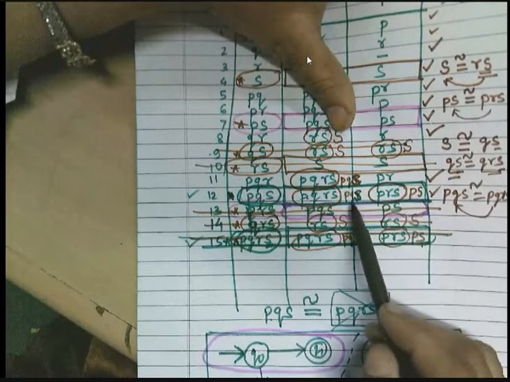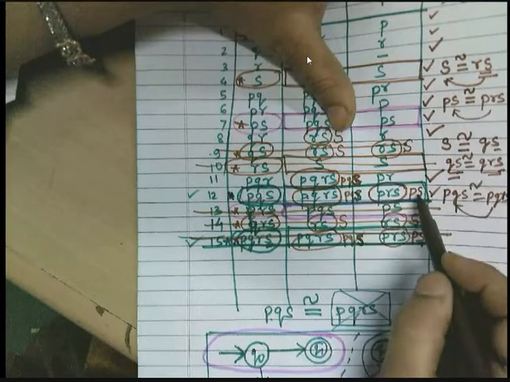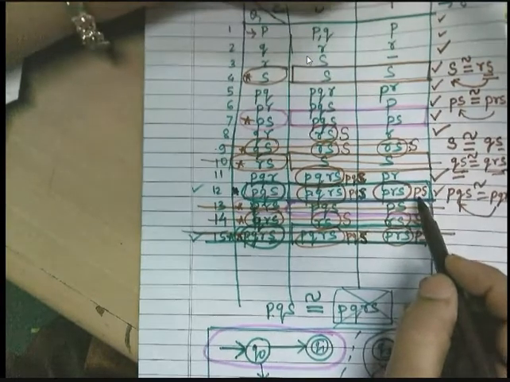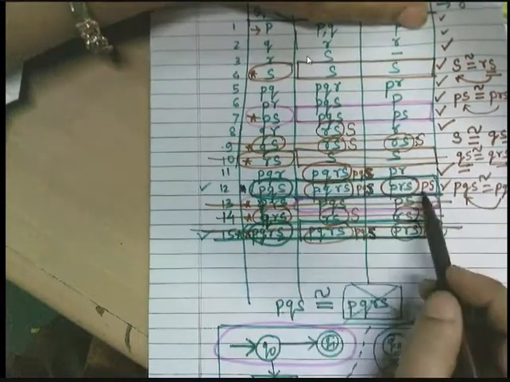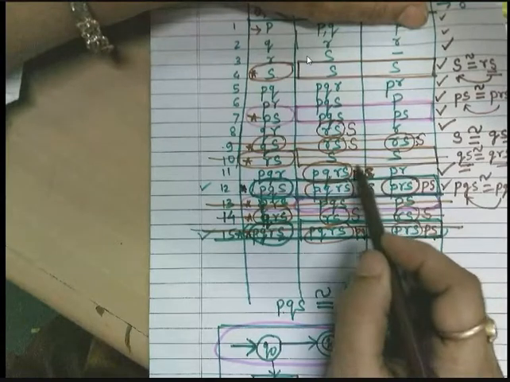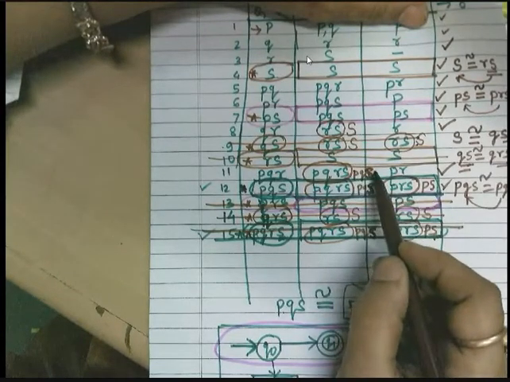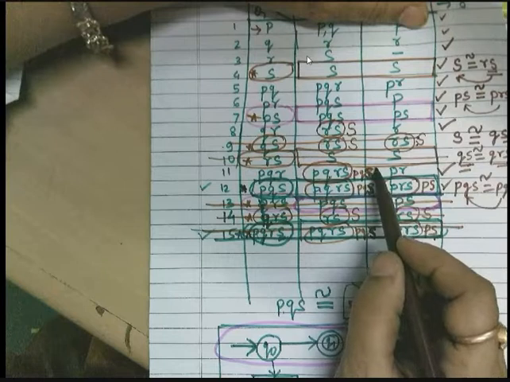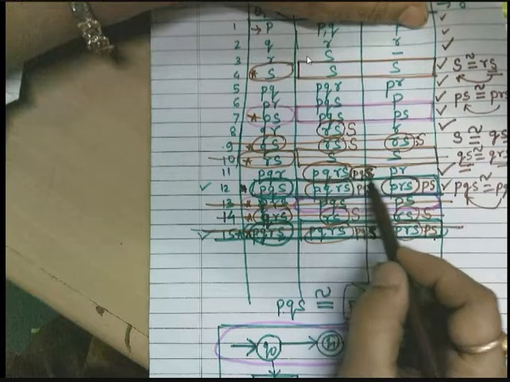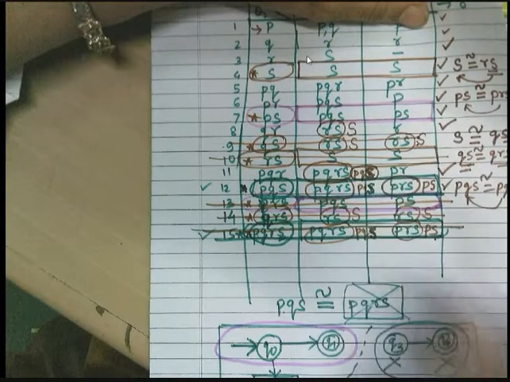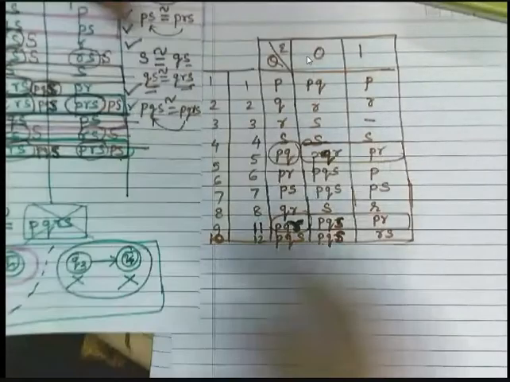Now we have entry PQS and PS. So PQS and PS entry is also there. So we have replaced this PQS again by the PS. This will become PS now. Are you getting?